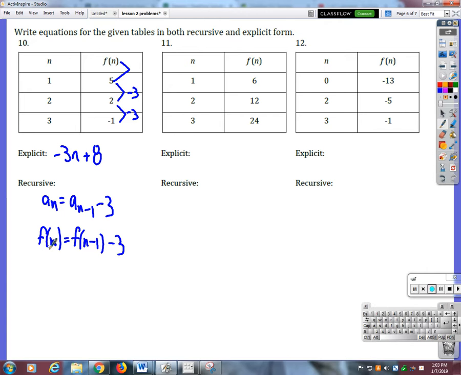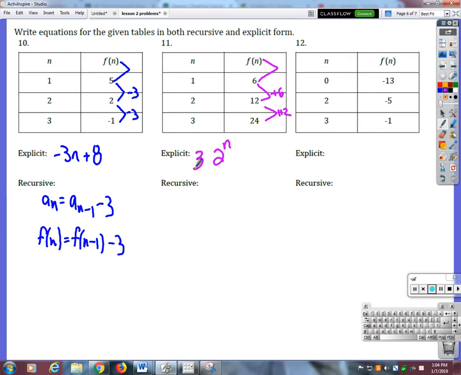All right, so if we take a look at number 11, you just do the same thing here. This is going up by 6, but sadly, the next one is going up by 12, so it's not arithmetic, it's not a linear one. Multiplying by 2, good. So that means 2 to the n, but then we have to figure out what number we would start at. 3, good.